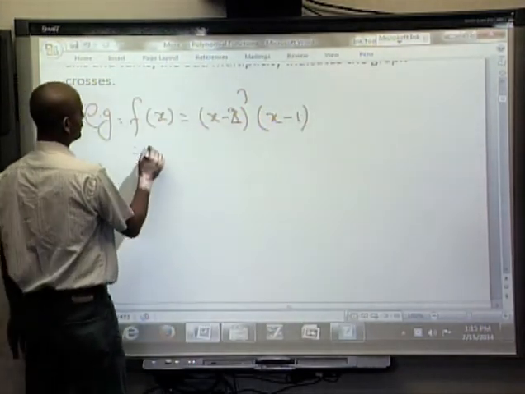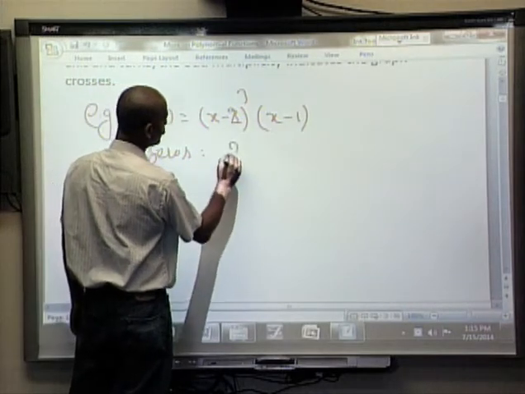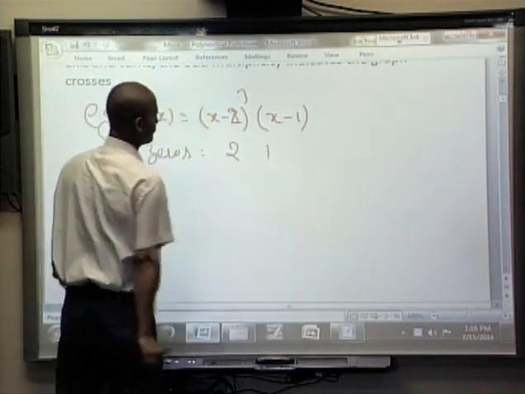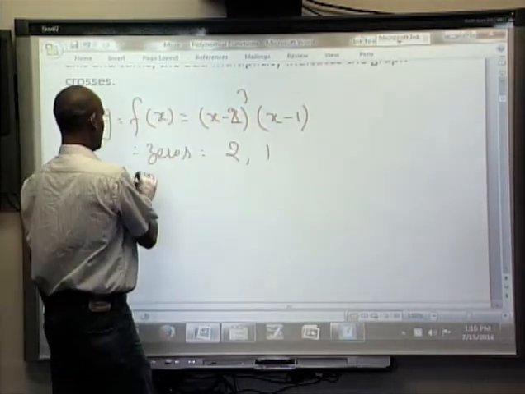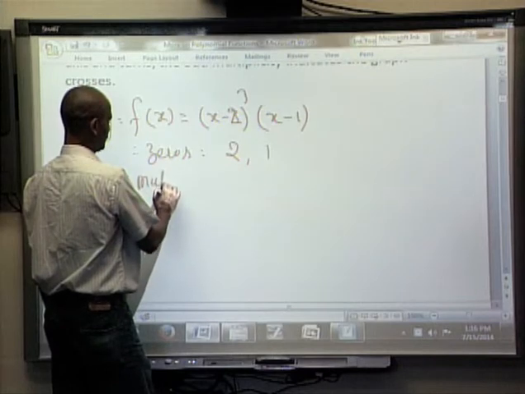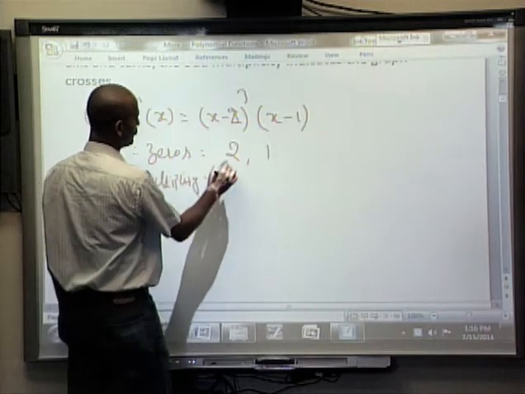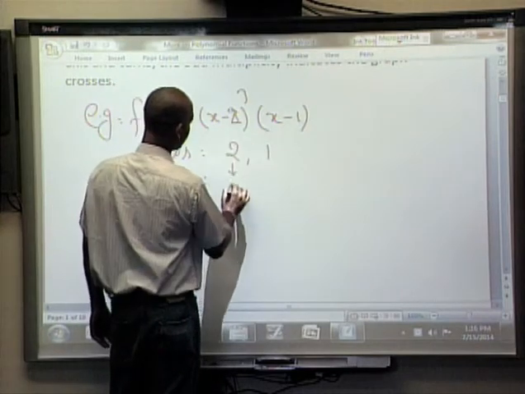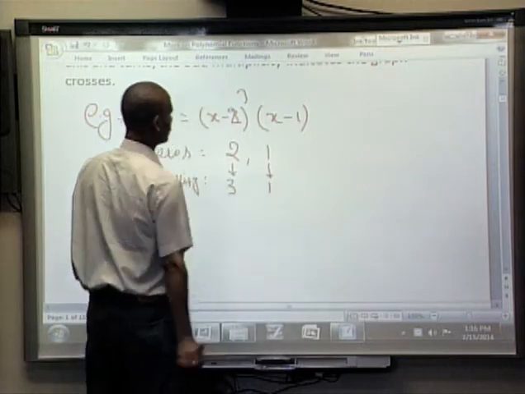So, here the zeros of this polynomial are 2 and 1. These are the zeros, and the multiplicity of 2 is 3, and the multiplicity of 1 is 1.